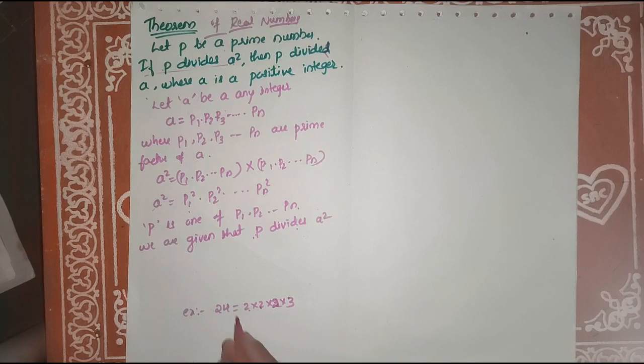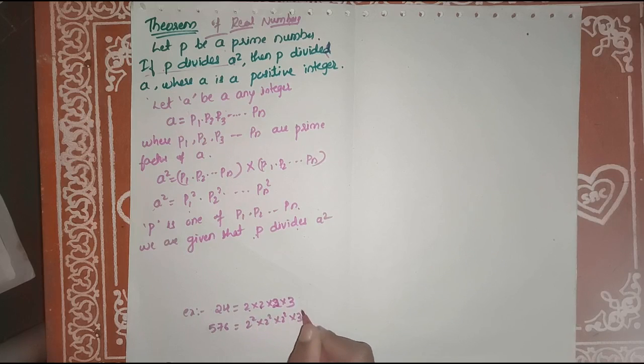Now if we square this, 24 square is 576, which is 2 square into 2 square into 2 square into 3 square.